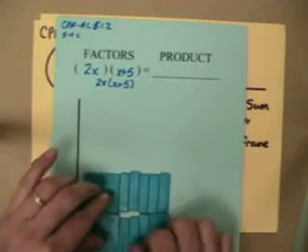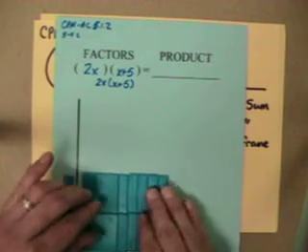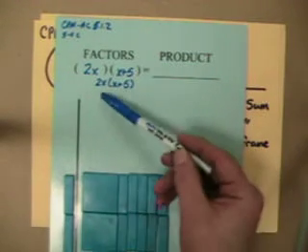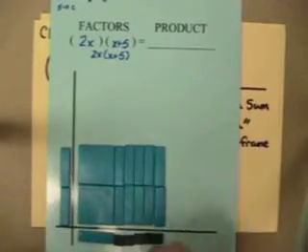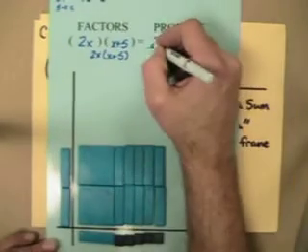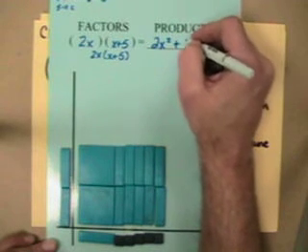And so I get a result that I want you to think about for a moment. If I have 2x times x plus 5, I'm going to get 2x squareds plus 10x.